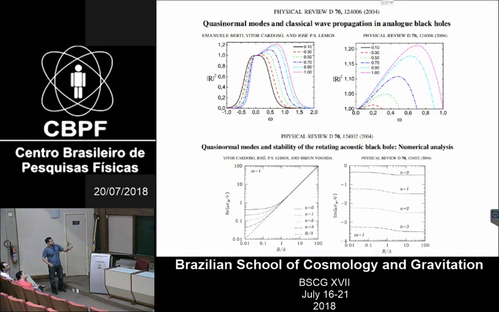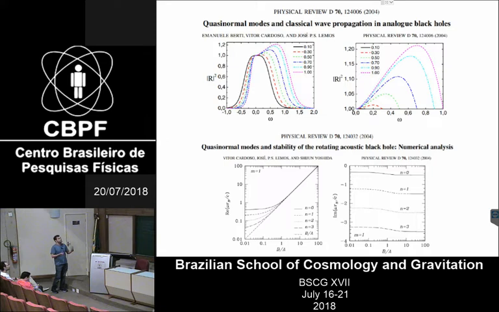I'll come back again to these plots later to explain them better, but just for you to have a glimpse of it first. The first effect I want to focus on is superradiance. Superradiance is a special kind of scattering process in which you can amplify the waves you send in.